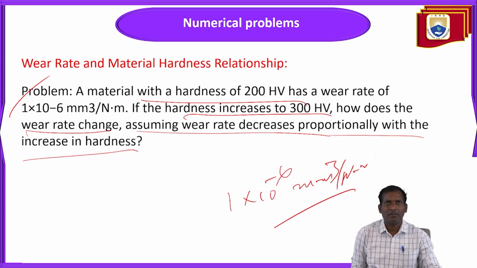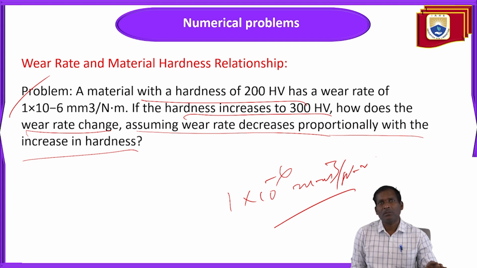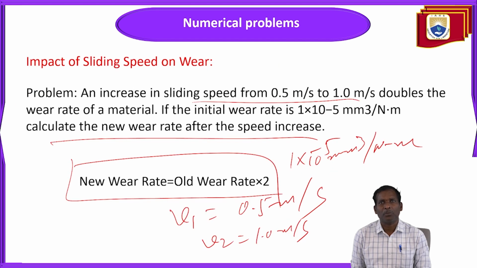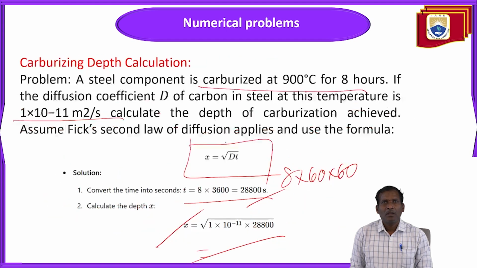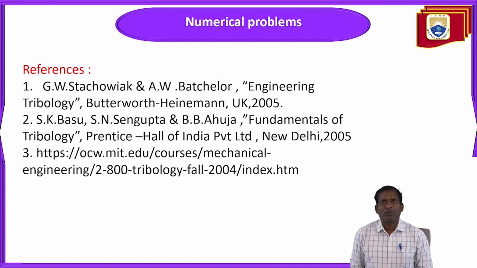Problems like this will be asked in the examination. You need to remember the formula for how to calculate, then apply it to your problem and substitute the given values. For any problem, first write the given values and then start the solution. So these are some numerical problems related to wear and surface treatment.